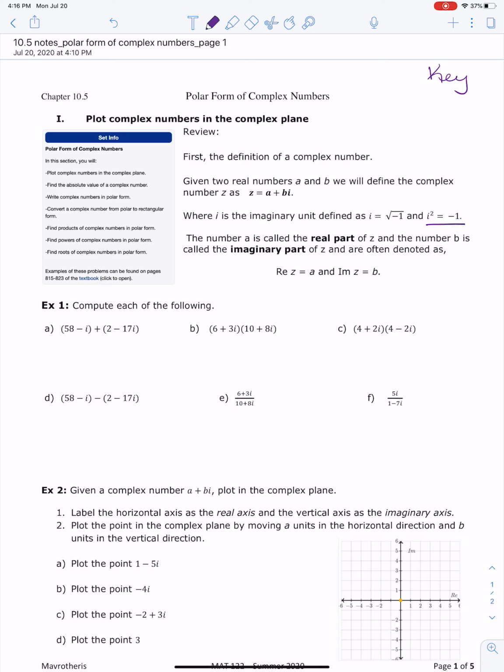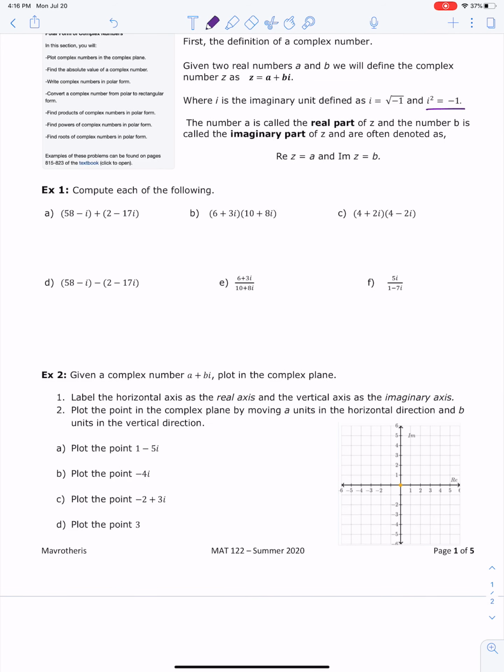So a is called the real part, and sometimes you'll see it as Re(z), the real part of z. That's our a. And then b is called the imaginary part. Now keep in mind, b is a real number. It's just the real number that's attached to the i that makes that the imaginary part of the number.